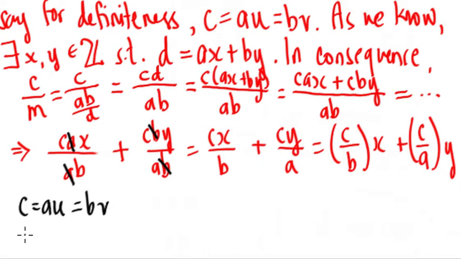So what's the value of U? Isolating U, we put A down below, so we have C over A. How about V?